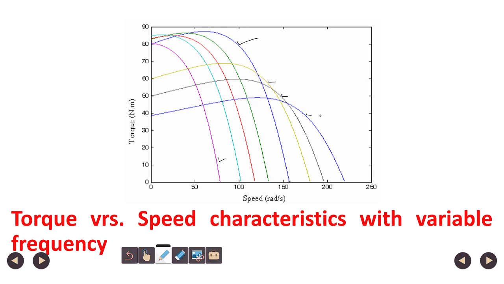As you can see, for high speed operation, the maximum torque follows a hyperbolic graph. Maximum torque is inversely proportional to the speed and frequency. So, these are the speed torque characteristics with variable frequency drive obtained from simulation of the motor.